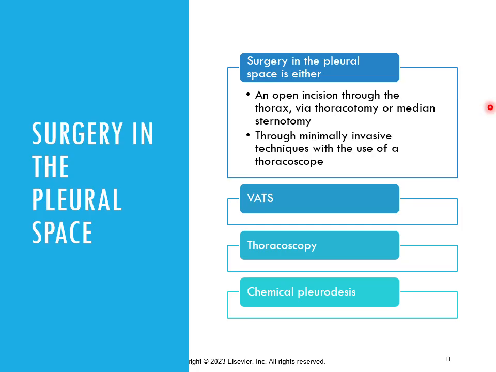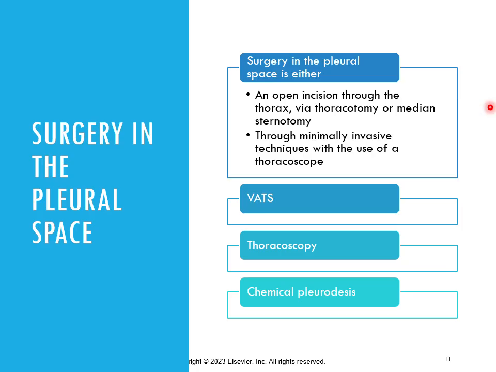Chemical pleurodesis is sometimes attempted in kids with persistent or recurrent pneumothorax, though surgical intervention is preferred. Pleurodesis uses either a sterile tetracycline powder or a talc, sterile talcum powder, to produce the inflammation that will make the pleura stick together.